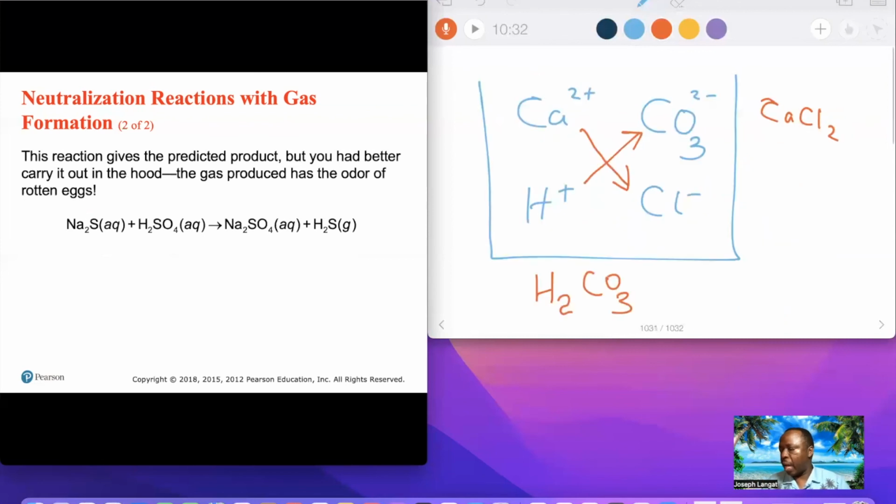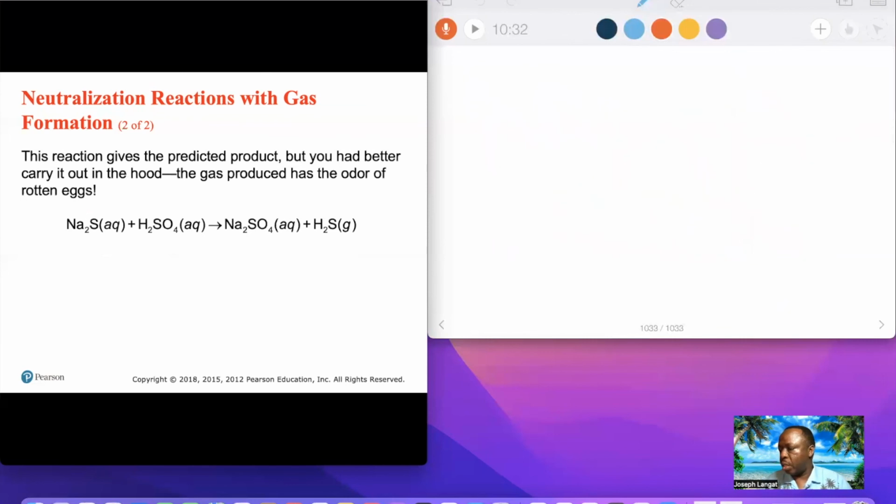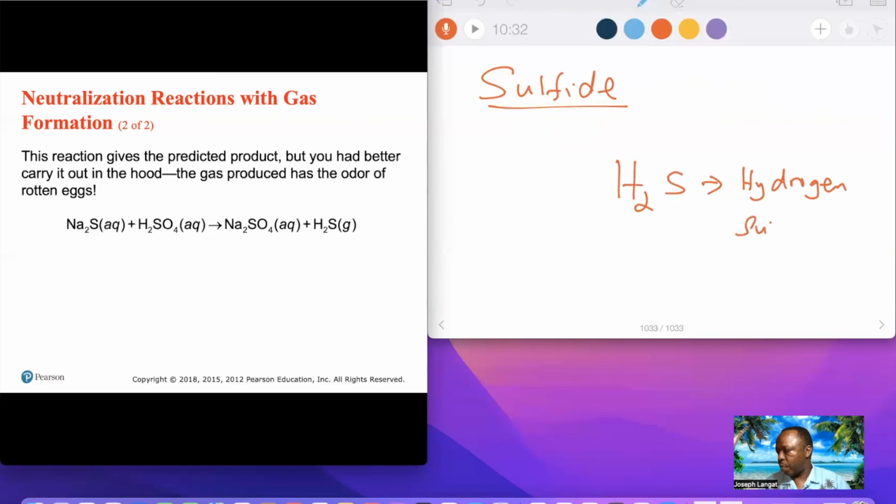The last type of gas you see is from the sulfides, right? Sulfide produces what? Hydrogen sulfide. This is the gas produced, hydrogen sulfide gas. Let me look at how it is formed: sodium sulfide plus sulfuric acid, a neutralization reaction.